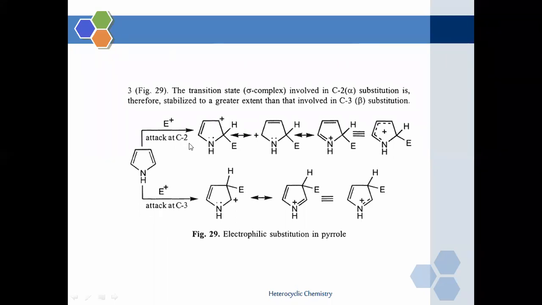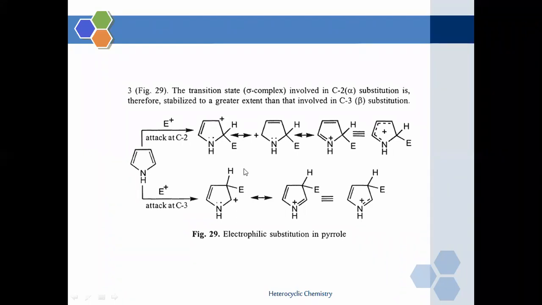While the presence of substitution at carbon number 3 causes the substitution to happen at the carbon number 2 position. See, if the 2nd position is blocked, then the substitution will happen at the 3rd position. But if the 3rd position is blocked, then the substitution will happen preferably at the 2nd position.